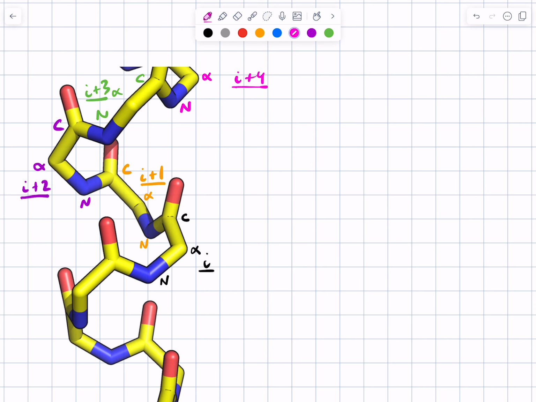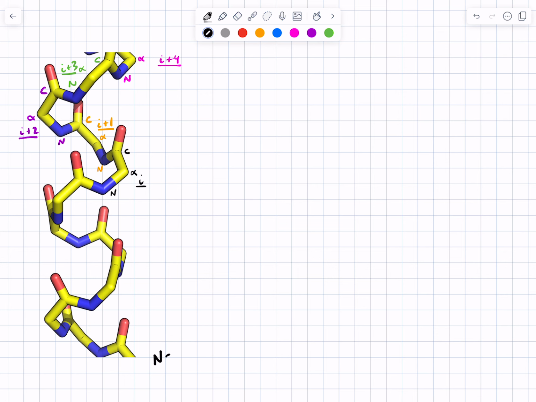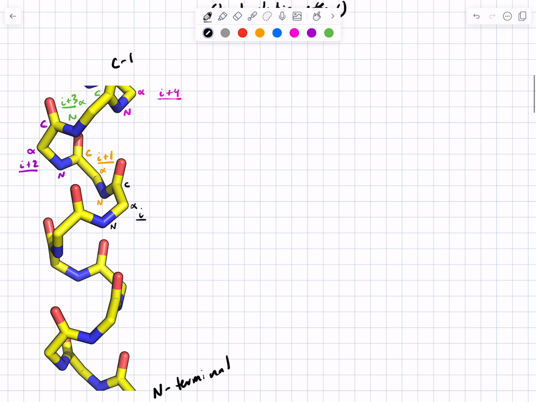One of the things you see is that it takes about 3 or 4 amino acids before the backbone spirals up and back around to sort of the same place, okay? So you can think about the helix as a cylinder. The peptide is wrapping itself around the cylinder. It's moving from the N-terminal side of the cylinder. This is the N-terminal side of the peptide, and this is the C-terminal side.